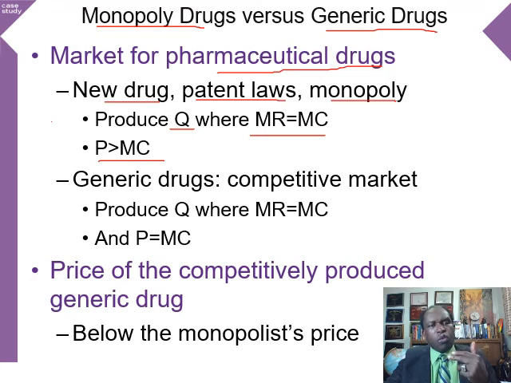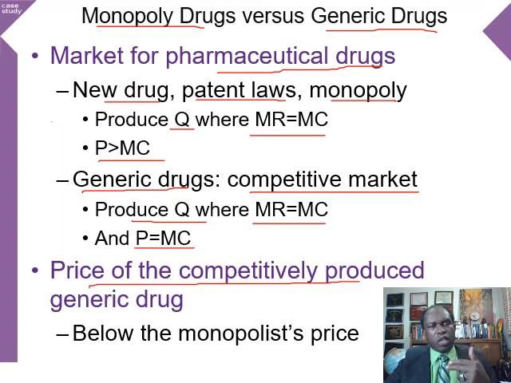For generic drugs, which is a competitive market, the company will produce where marginal revenue equals marginal cost and price equals marginal cost. So the price of the competitively produced generic drugs will be below the monopoly price. In other words, the monopoly price is higher than the price of a competitive firm, but the quantity produced by the monopoly is less than the quantity produced by the competitive firm.